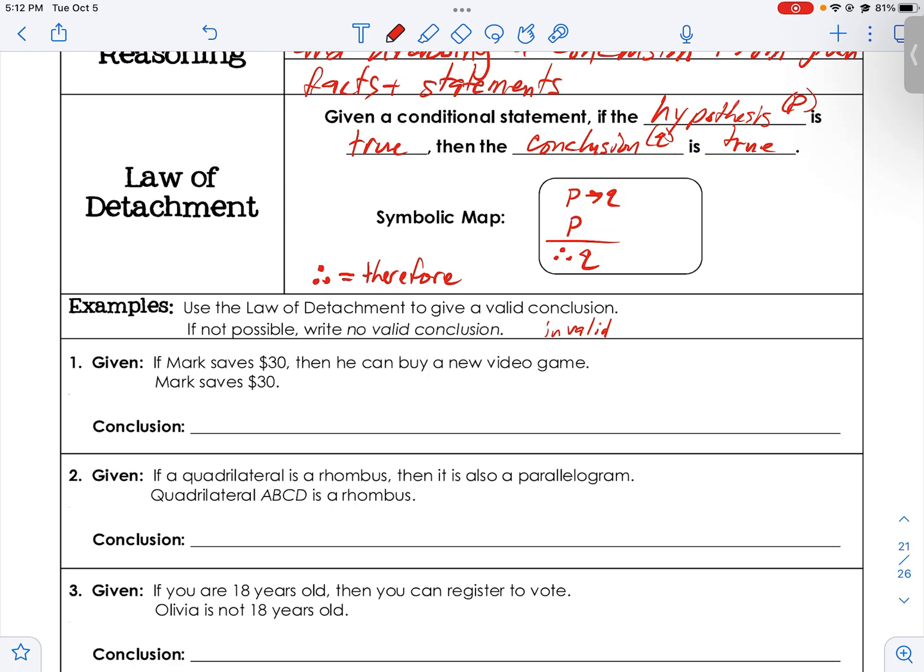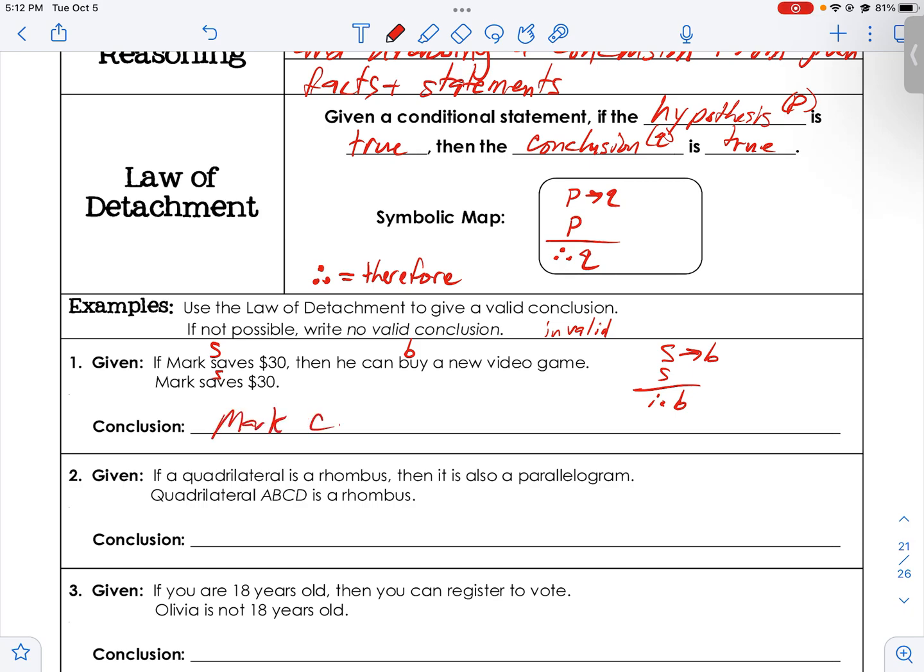Would also work. All right, given, if Mark saves $30, so I'm going to say S for saves, then he can buy a new video game. Mark saves. So if S, then buy. If he saves, then he can buy. He saves. Therefore, he can buy.